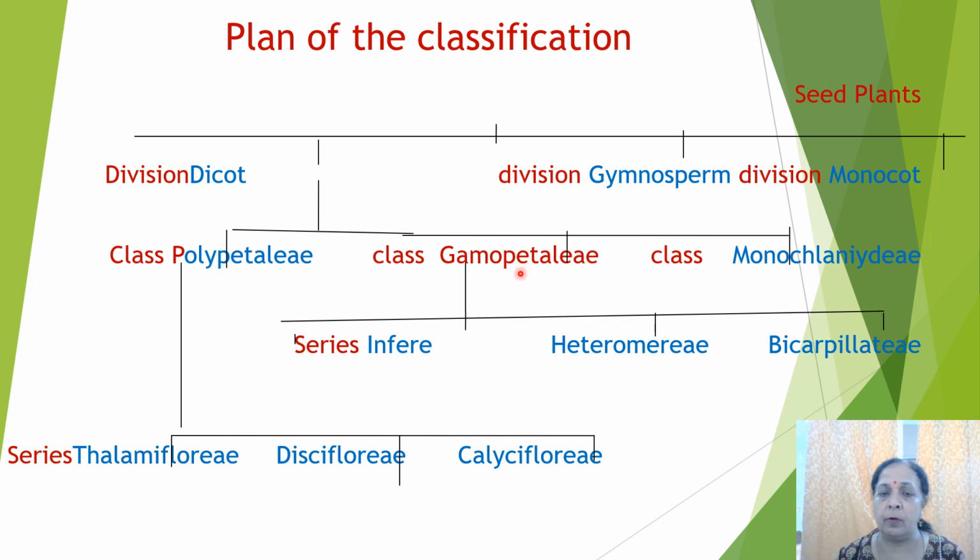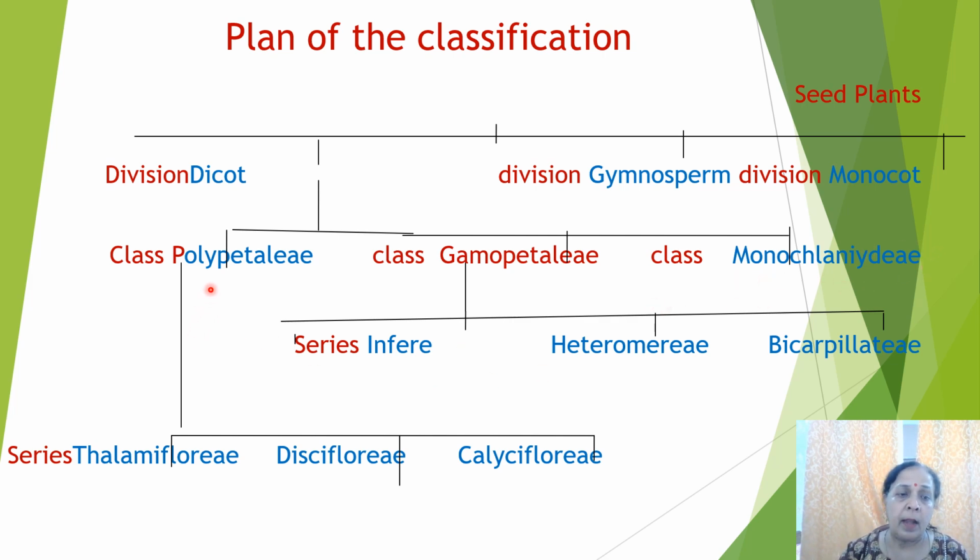Gamopetalae means where the corolla shows fused or united petals, and monochlamydeae means where the corolla or any whorl of perianth is absent. So, due to the absence of corolla or perianth, these flowers become incomplete, and this class is also known as incomplete.